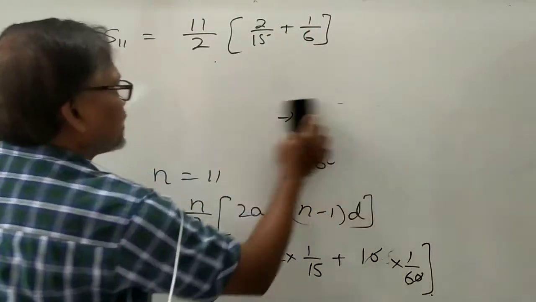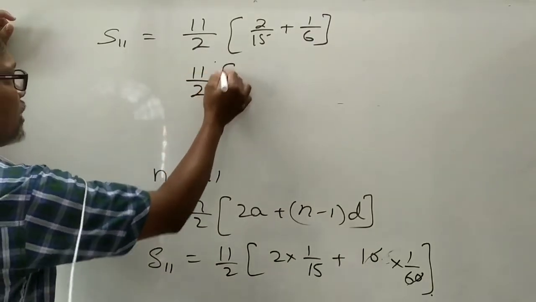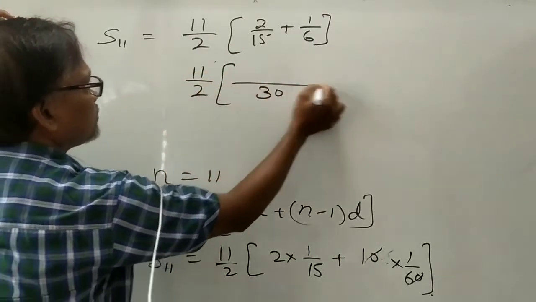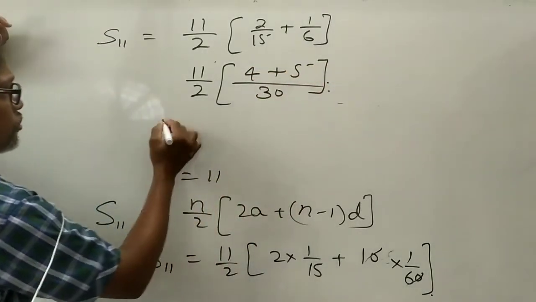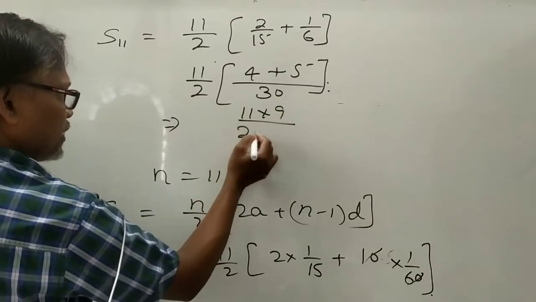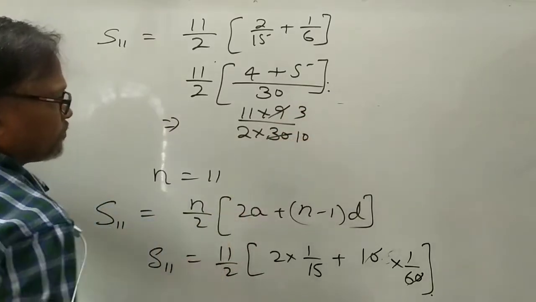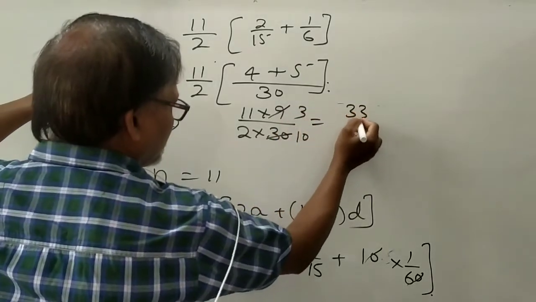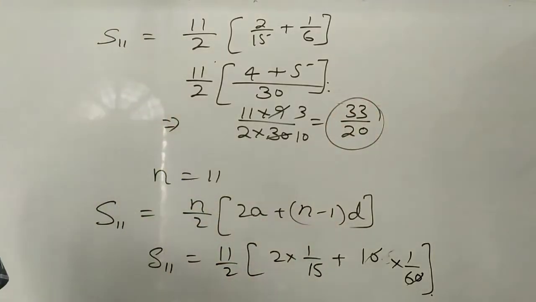The LCM in this case is 30. So 11 by 2 into 4 plus 5 by 30, that is 11 into 9 by 2 into 30, and then 3 3s are 9, 3 10s are 30. So you will get 33 by 20 as the answer, the sum of the 11 terms in the given series.